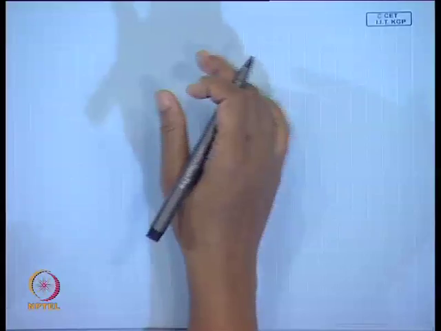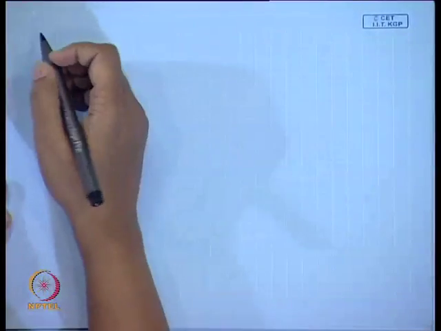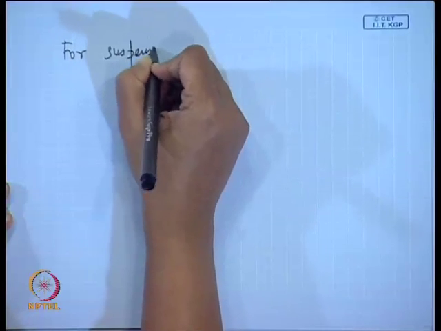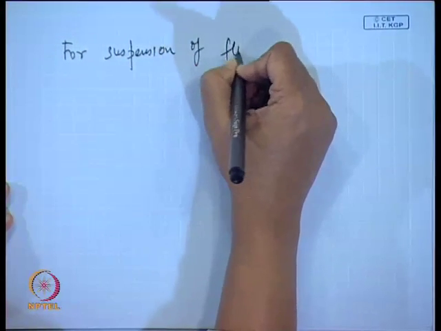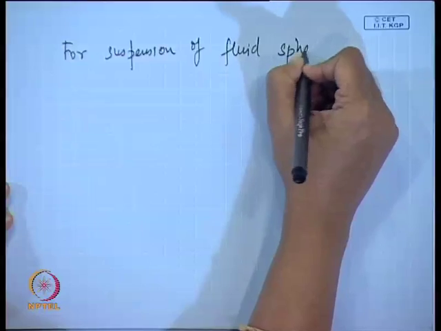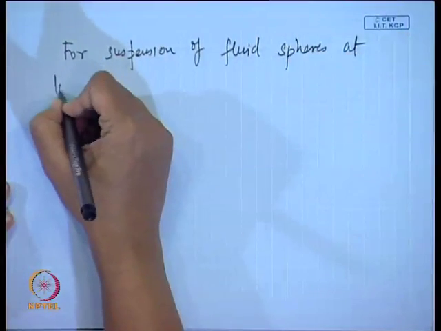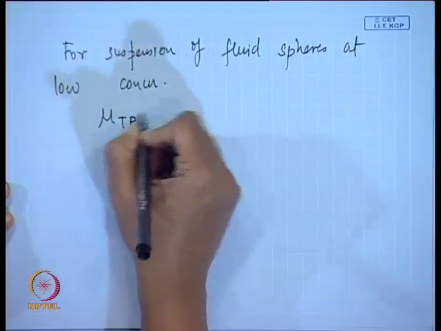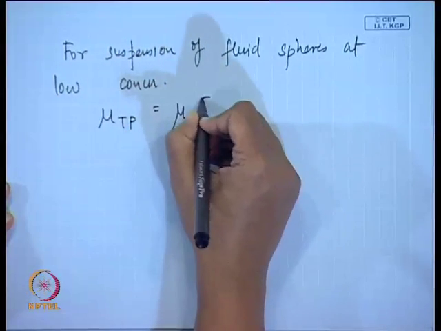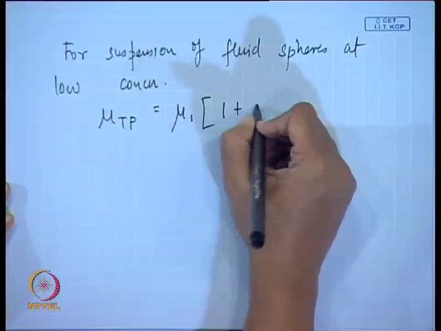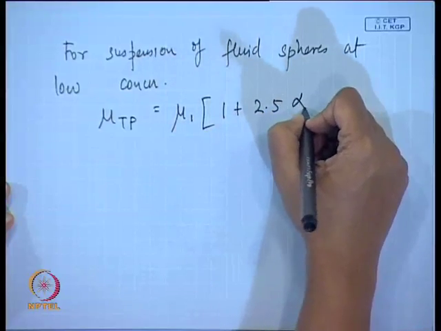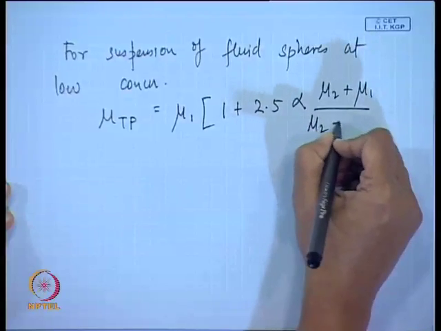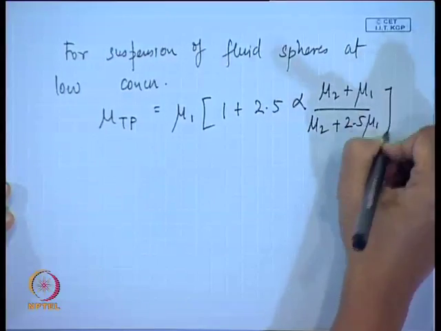Now, as I was telling, for a suspension of fluid spheres at low concentration, we have generally for mu Tp one particular expression, which was obtained as mu Tp equals mu 1 into alpha mu 2 plus mu 1 by mu 2 plus 2.5 mu 1.